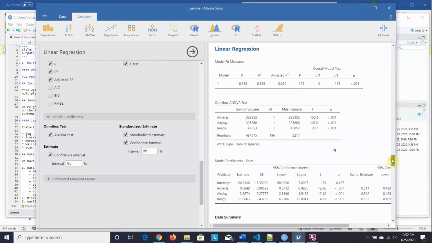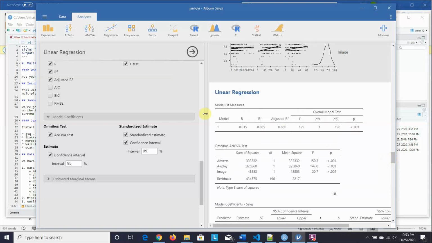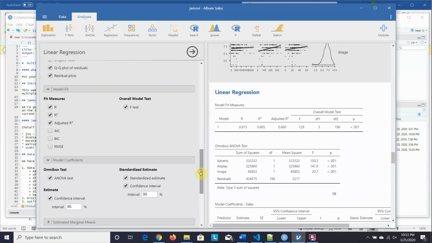So if you remember, for our model overall, and let's look at it on our menu and our output here, we have our model fit, and we have our R, R squared, and adjusted R squared. So we talked about big R and big R squared.